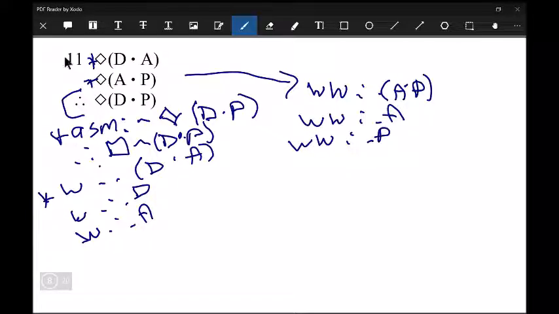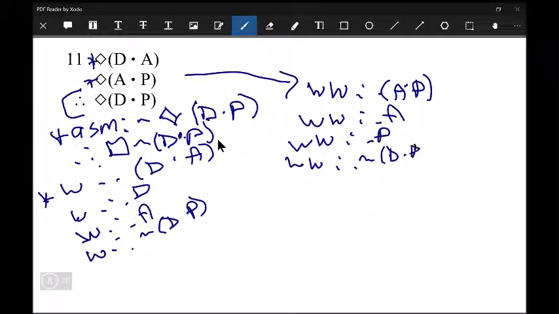Then you want to drop the box in both worlds. So every world has not both D and P, therefore world W has not both D and P, and world WW has not both D and P.